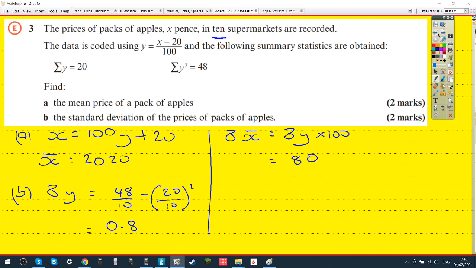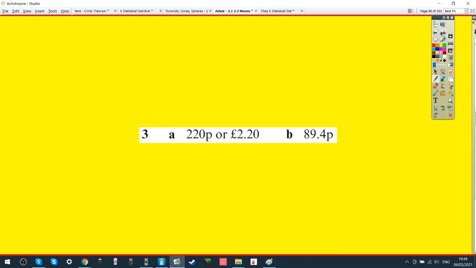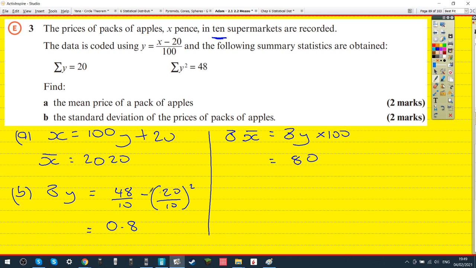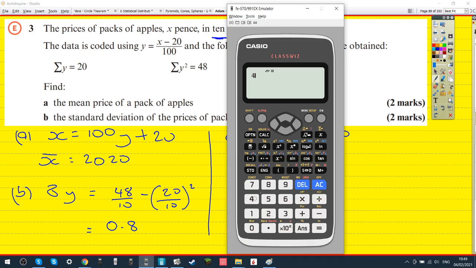80? You got 89.4. Did you square this thing? Yes, I put in 48 over 10 minus brackets 20 over 10 close brackets squared.